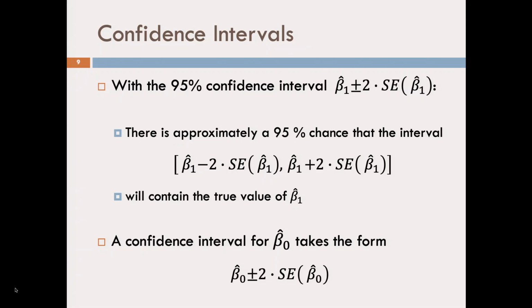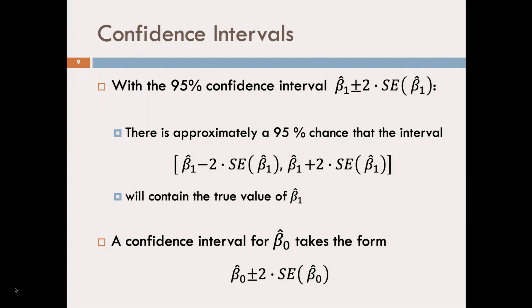So what this tells me is there's a 95% chance that this interval will contain the true value for the estimated beta. Okay, and in the same way I can compute the estimated interval for beta 0.